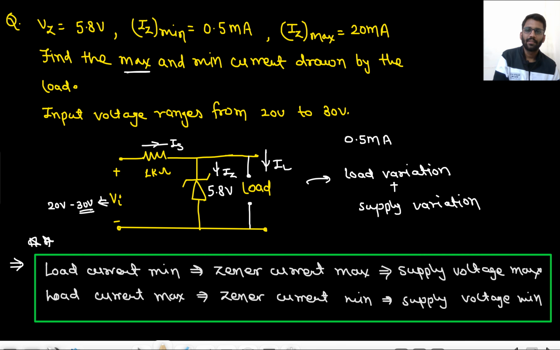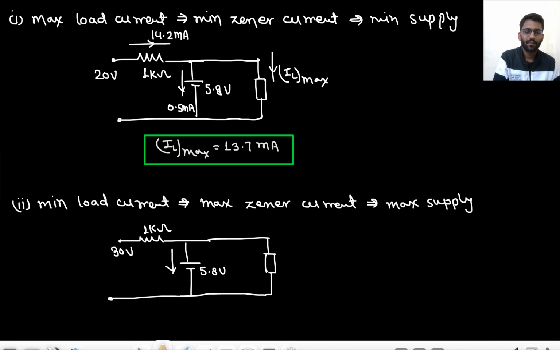What is the IZ maximum? That is 20 milliampere. So you are having 20 milliampere current here. That means 30 minus 5.8, that means 24.2 milliampere current is coming this way. This is your IL minimum.